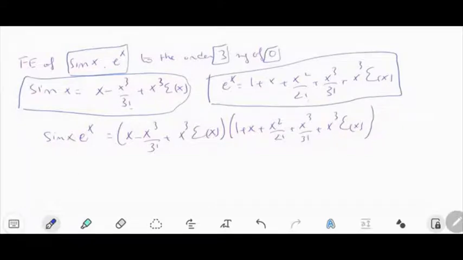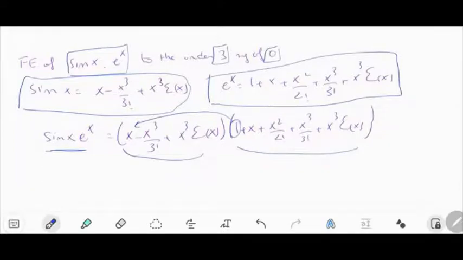Now, the remark that I want to give from this example is that when we want to do the product, then we have to multiply these two finite expansions as we learned. But we have to notice something, is that when we multiply all these terms, we have to multiply 1 by x, it's okay, it will give me x.